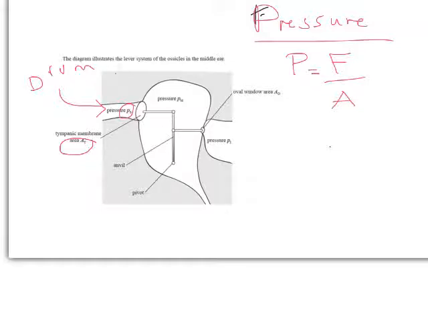So that causes a force to be applied on the ossicles. Let's have a look at that force. Force equals pressure times area. In this case it will be AT, and pressure would be PS.